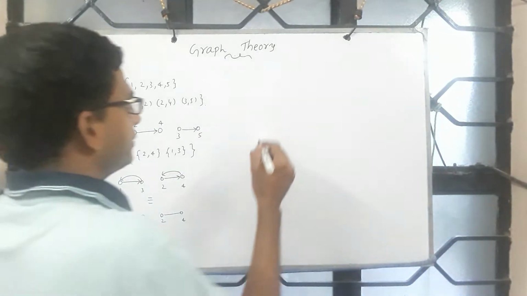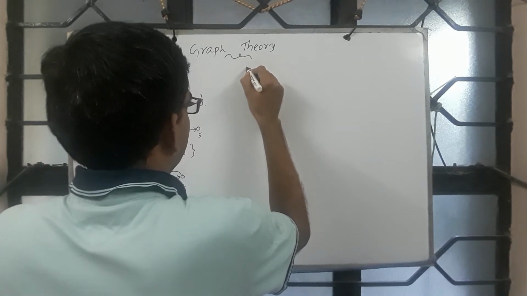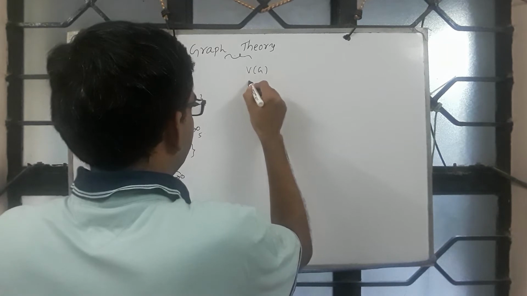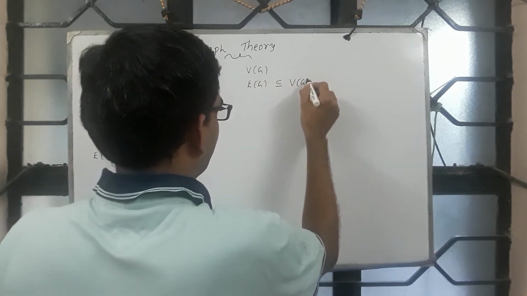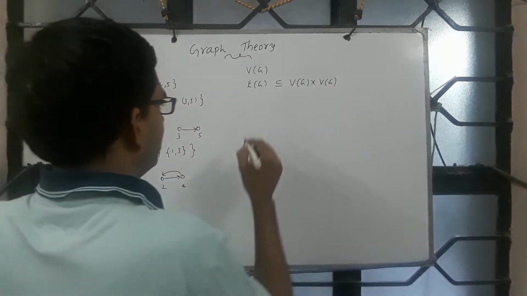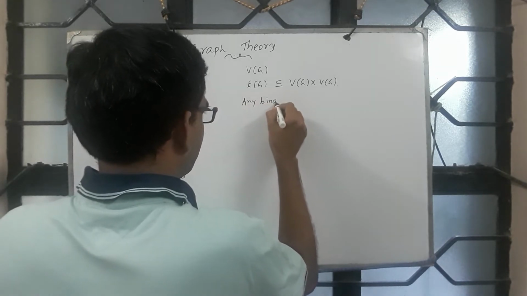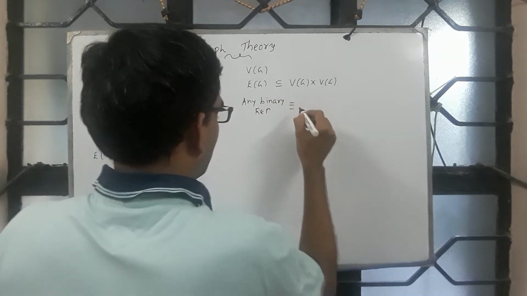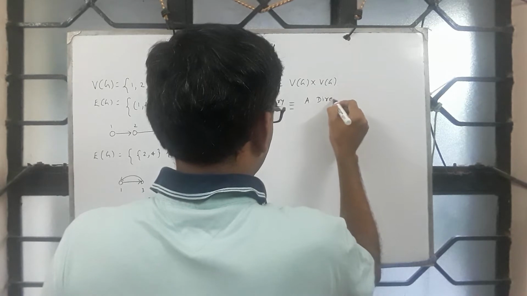Please note, our domain or set under consideration is V of G, and E of G is a relation which is a subset of V of G cross V of G, which means any binary relation corresponds to a directed graph.